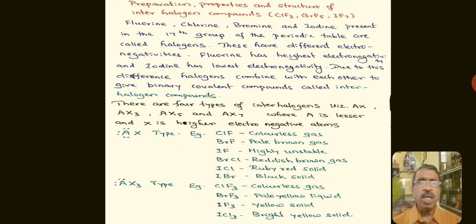Now coming to the AX3 type of interhalogens. The example of this is chlorine trifluoride, which is a colorless gas. Bromine trifluoride is a pale yellow liquid. Iodine trifluoride is a yellow solid and iodine trichloride is a bright yellow solid.